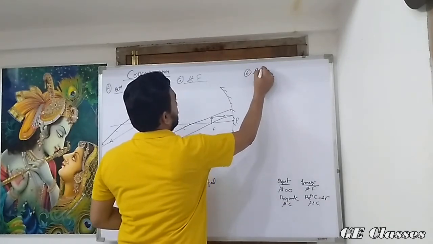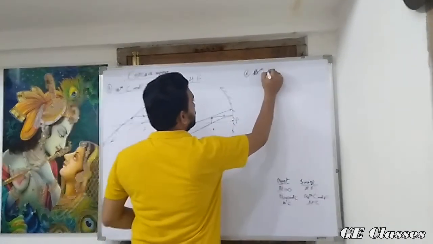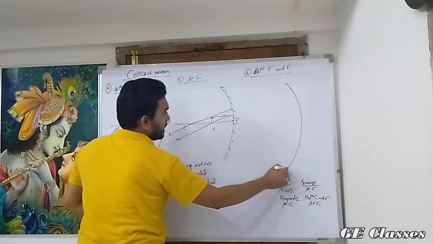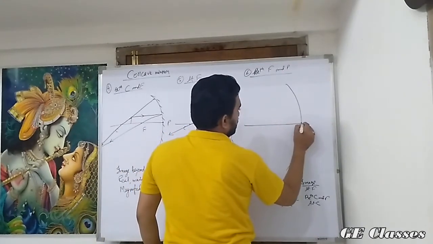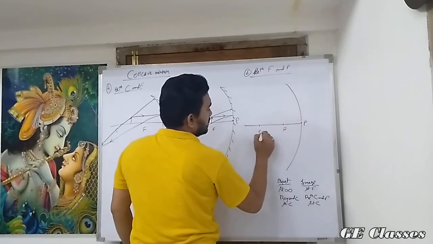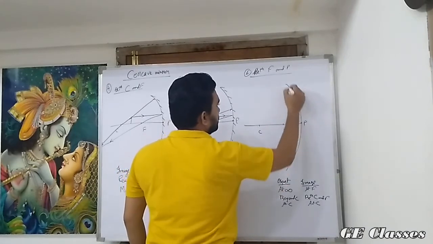between F and P. This is the pole, focus, center of curvature. Let me place the object there.